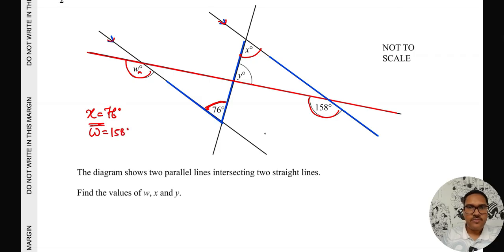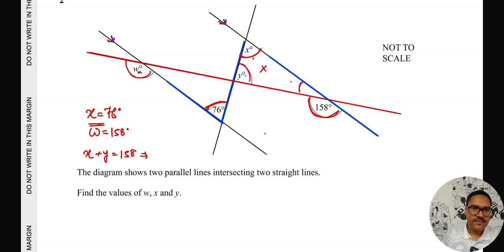Now, what is remaining? Remaining is y. You have to just find the value of y. How can you find y now? In this triangle, this angle plus this angle will be equal to 158 degrees. I hope this is also clear. It is the exterior angle. Otherwise, you can mark this angle as 180 minus 158 and make these three angles equal to 180 degrees. So we have x plus y equal to 158 degrees.